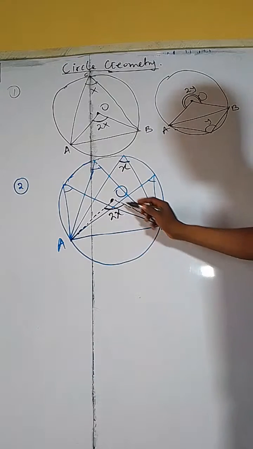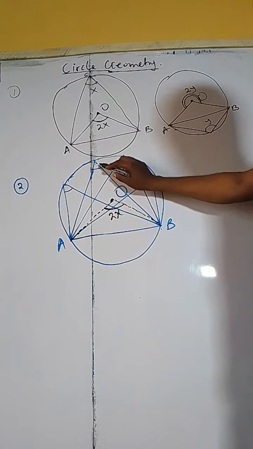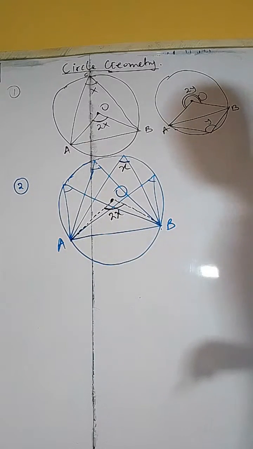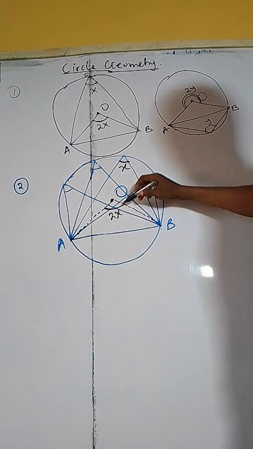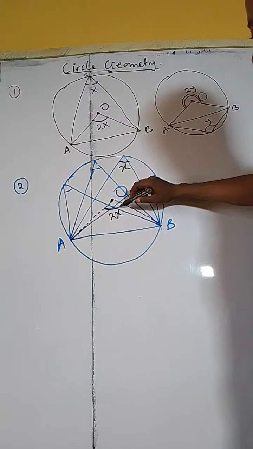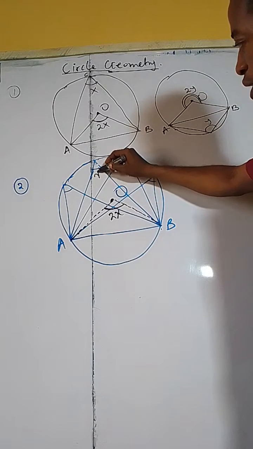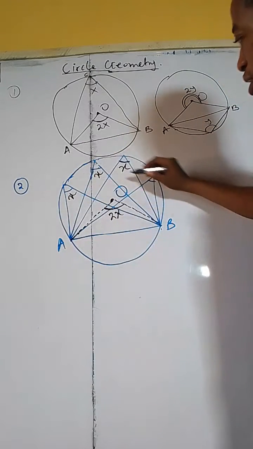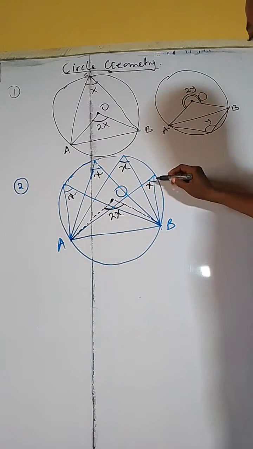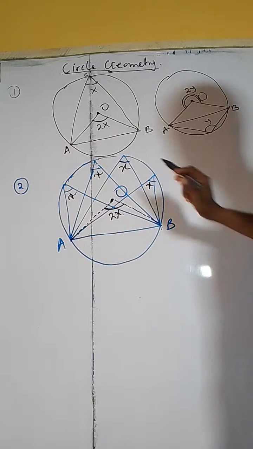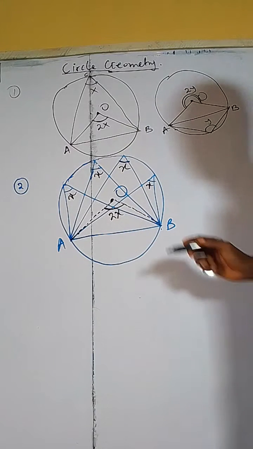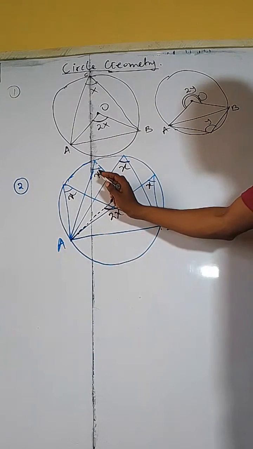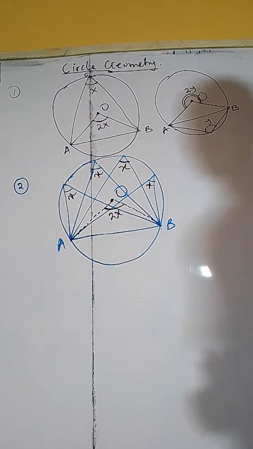Now, this is the angle at center, which is 2x. So each of these angles as well is an angle at the circumference. That is, the angle at center is twice the angle at circumference. So if it is 2x, this is also expected to be x. Also, this is expected to be x. This is also expected to be x, because the angle at center is twice the angle at circumference. Hence, we can see here that angles in the same segment are all equal.